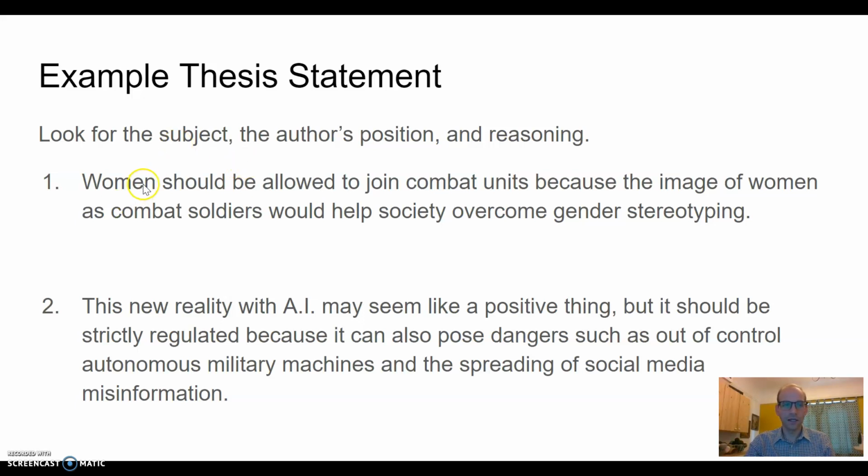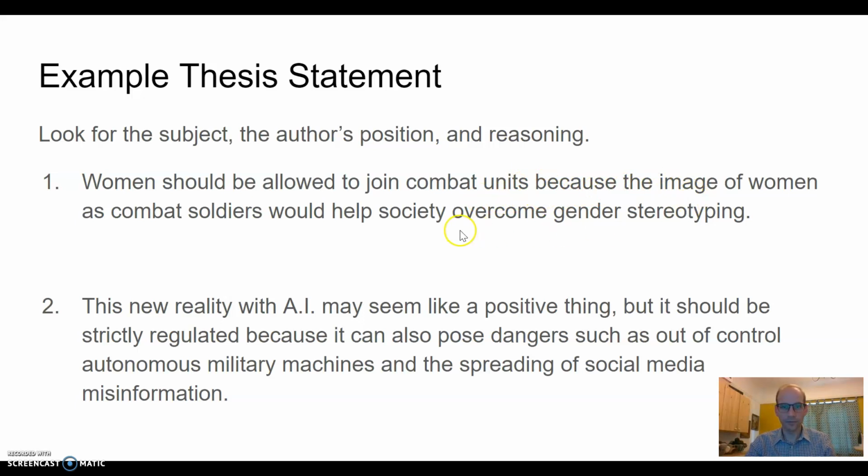In this case, it's kind of nice and easy to identify. We see the word should, right? And that lets us know we're going to get an author's opinion there. So women should be allowed to join combat units. There's our subject and our position. The reasoning follows after because.